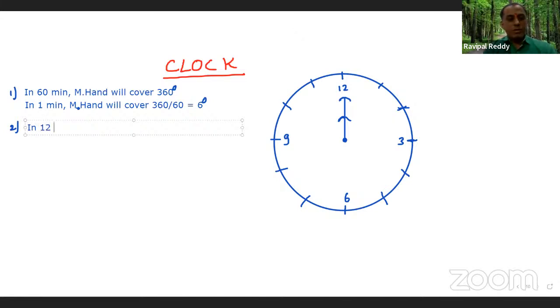So write the second point. In 12 hours, the hours hand will cover 360 degree.